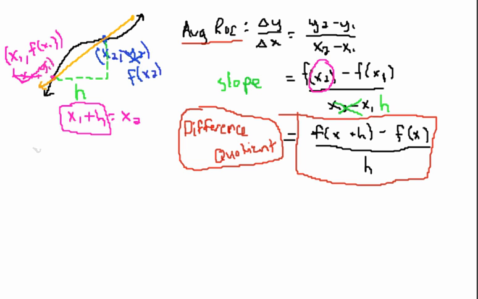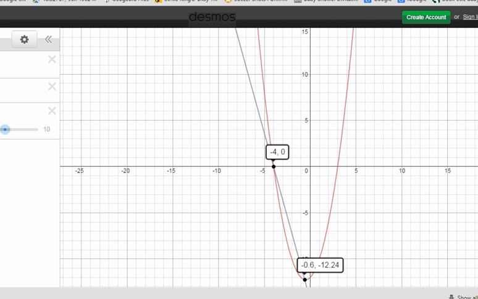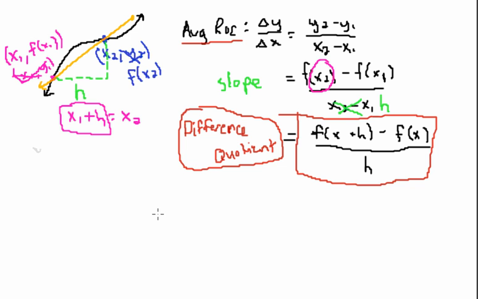Let's go back to this graph. This is x squared plus x minus 12. And I'm just going to start at -4, and I'm going to change my h by whatever I want to change it by. So let's say f of x is x squared plus x minus 12.